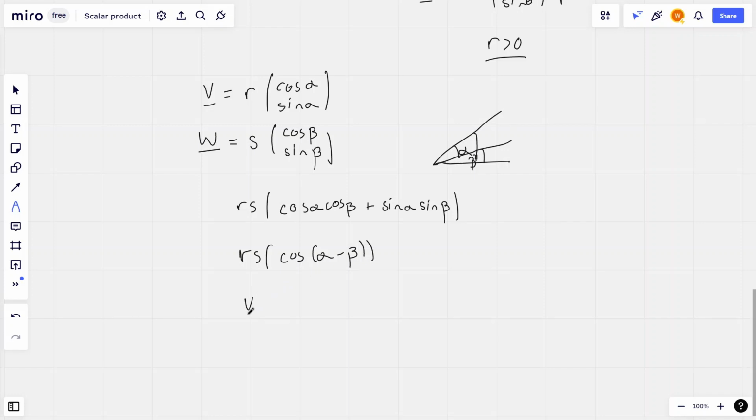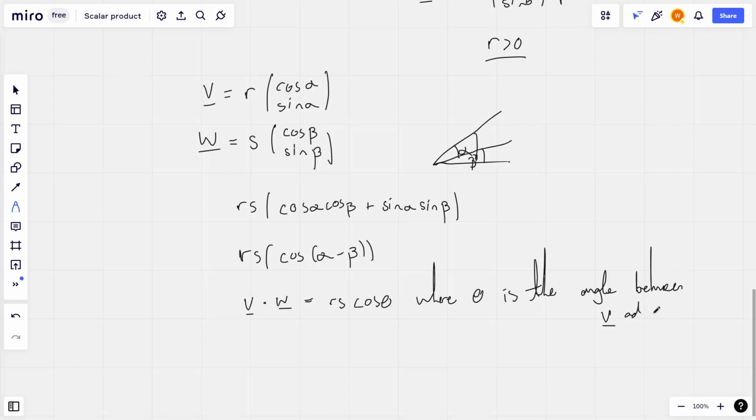So we can define the dot product of v dot w as equal to rs cos theta, where theta is the angle between v and w.